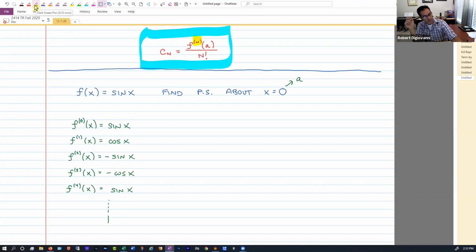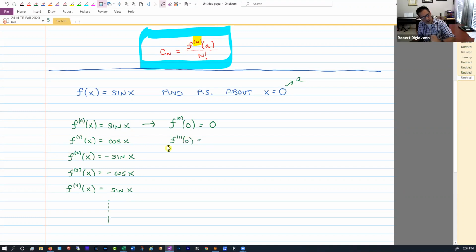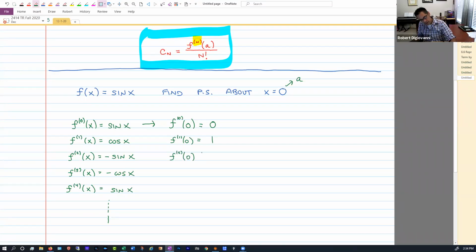Now what I'd like to do is figure out what these derivatives are at a. What is the 0th derivative of the function at a? A is 0 here. So what happens if I plug 0 into this? What's sine of 0? 0. Okay, what's the first derivative at 0? What is cosine of 0? 1. What is the second derivative at 0?